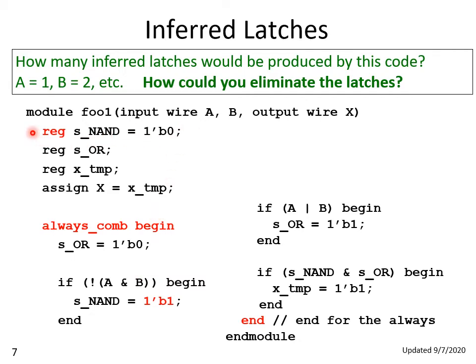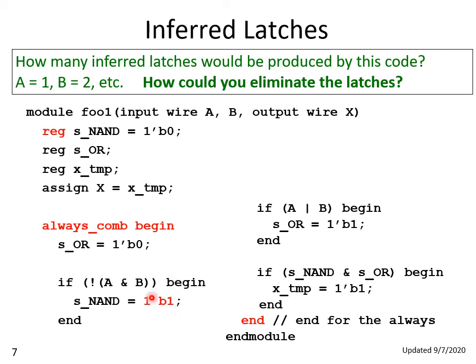When you're doing the source code simulation at time 0, it may have a value of 0, but once the simulation is in progress, if this expression is false, then S NAND will simply retain whatever the previous value was, which at the beginning of the simulation would be a 0, but once a value of 1 has been assigned to it, there's nothing that's going to assign it back to 0.